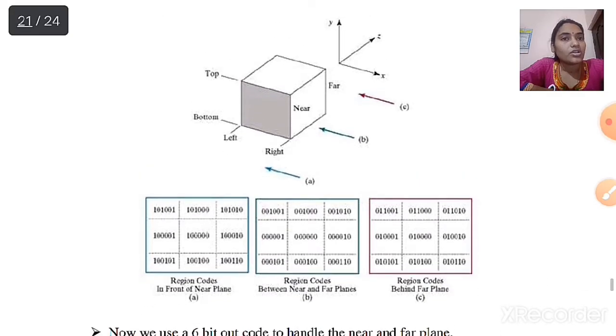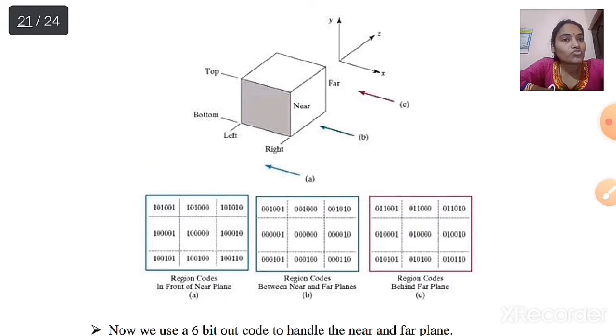According to the XYZ coordinates, the region codes are divided into 3 categories: one is in front of the near plane, another is between the near and far planes, and the last is behind the far plane. In this way the region codes are divided into 3 categories.